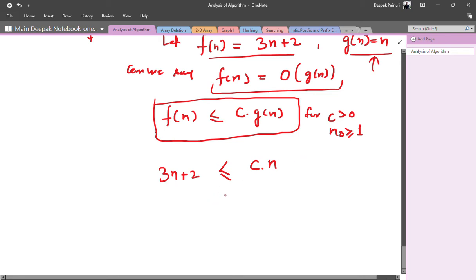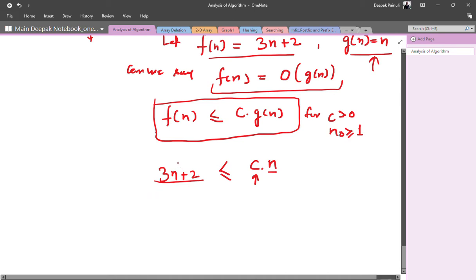Now we need to put different values for n and find the proper value for c. This is a linear equation with a single variable input n. So what should be the value of c which can satisfy this relation, right?